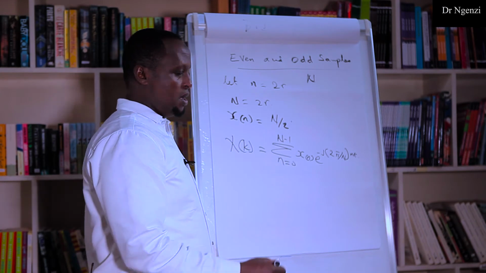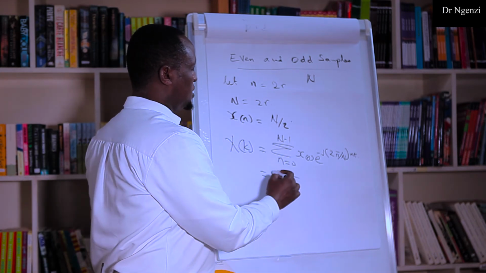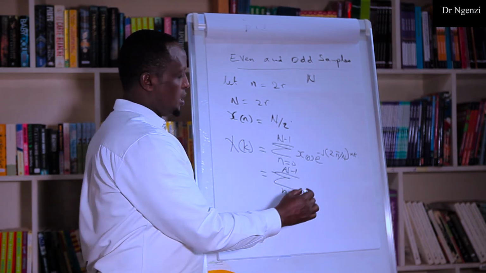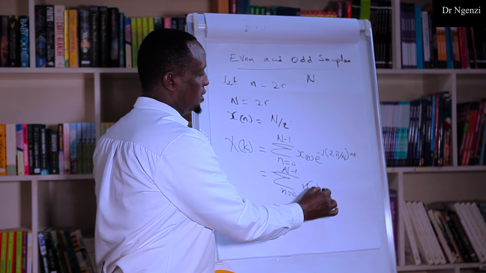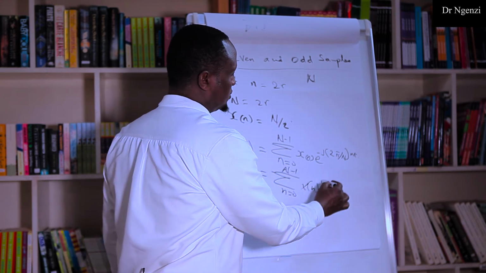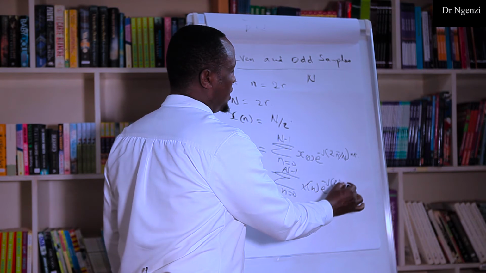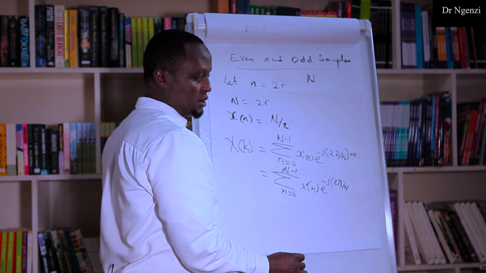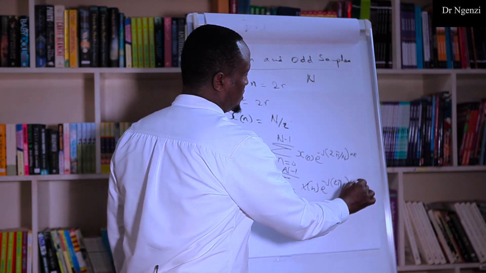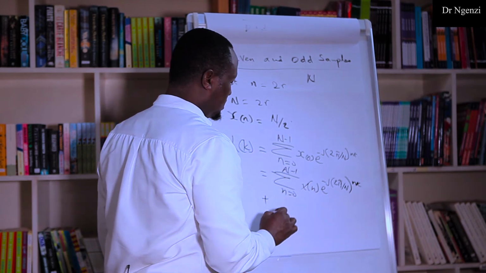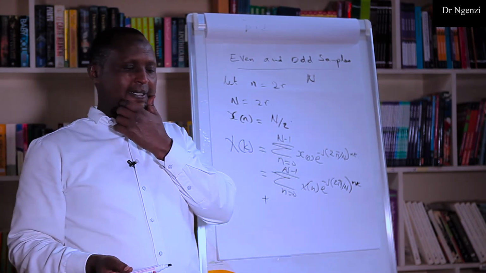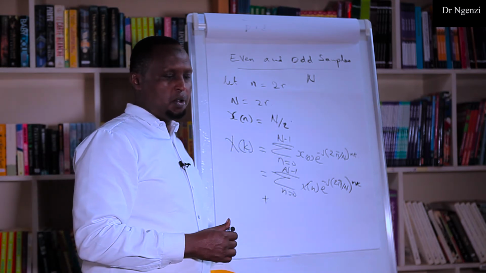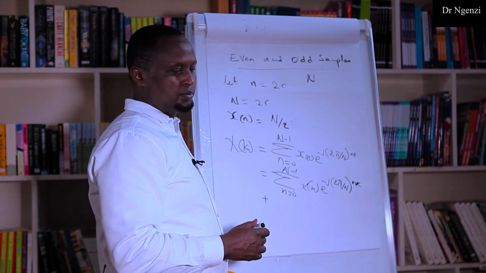So here you have the summation from n equals 0 to N minus 1 of x of n times e to the power of negative j 2 pi over N times nk, plus another value which is going to be the odd part.